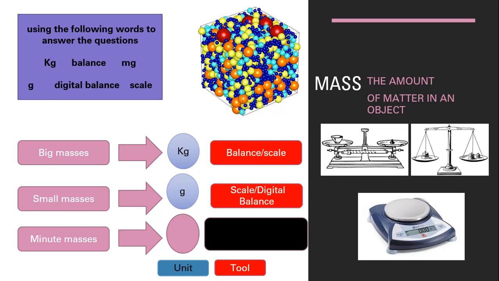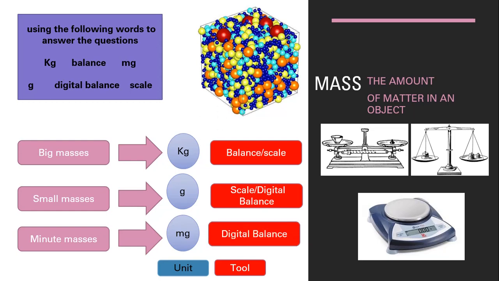The digital balance just gives you more accurate results. When it comes to the minute masses or the very small masses, like a golden ring, or if you are doing chemical reactions in the lab, you just need milligrams as the unit. And you use the digital balance as well because it's very sensitive. You can also call it a sensitive balance.